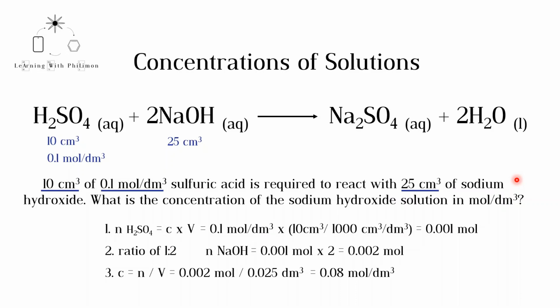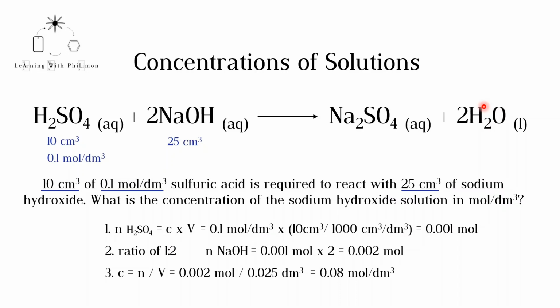This reaction is a neutralization reaction between an acid, sulfuric acid, and an alkali, sodium hydroxide, producing a salt, sodium sulfate, Na2SO4, and water, H2O. You will see more of these types of reactions in the acids and bases playlist.